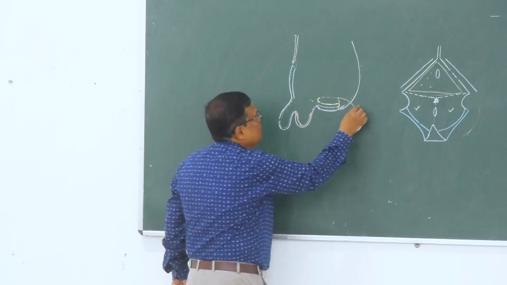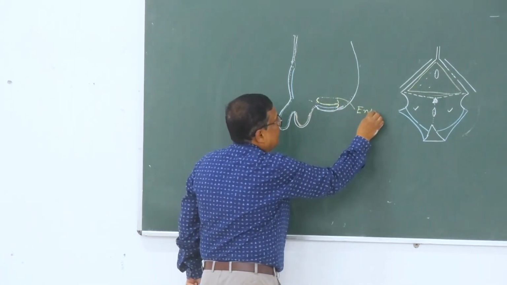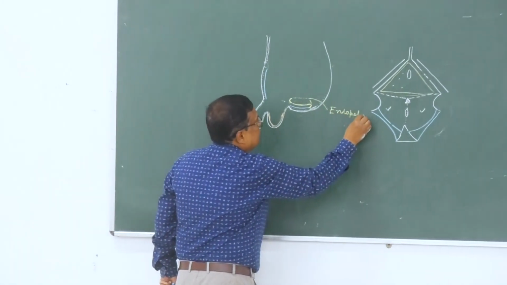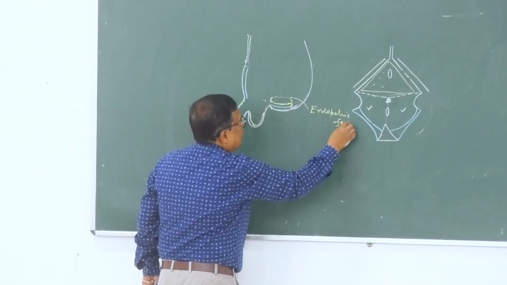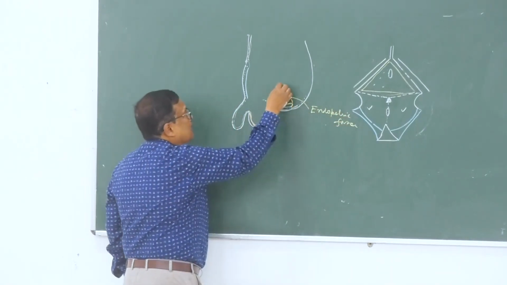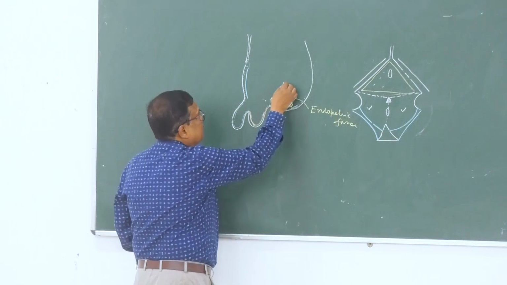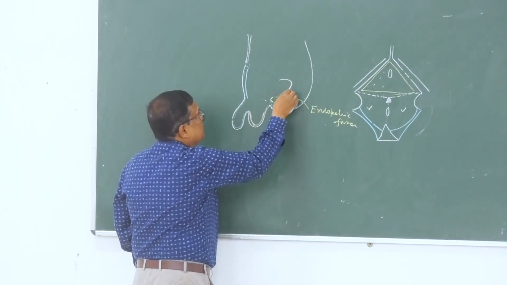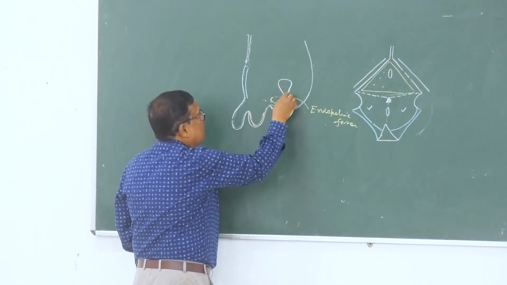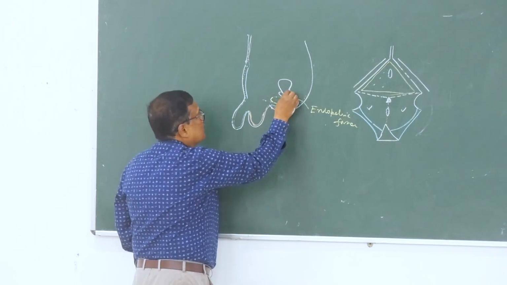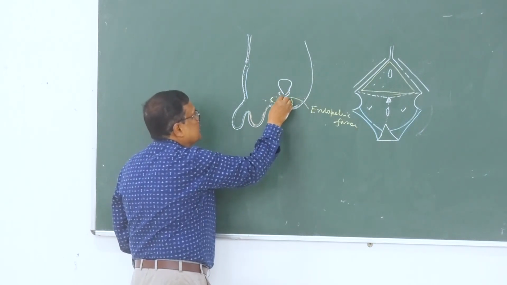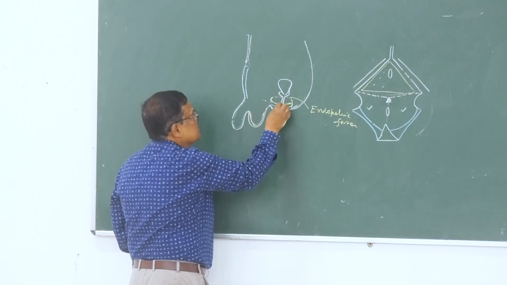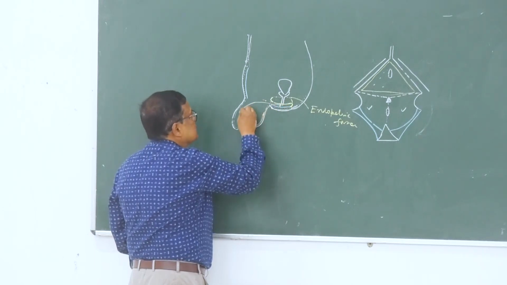We call it the endopelvic fascia. And above it in the male lies the bladder and prostate. And this is the urethra, passing in this fashion and passing in this fashion.